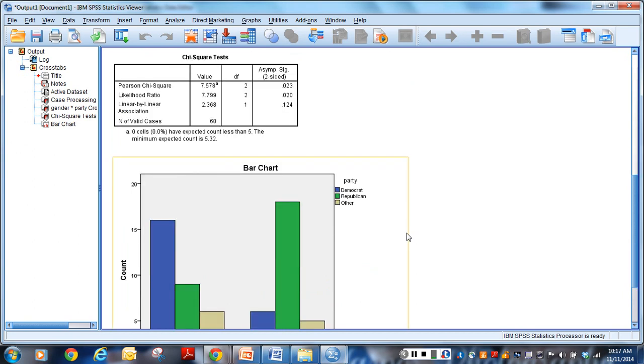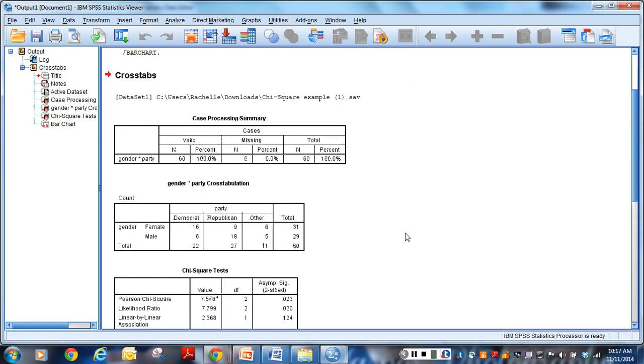So now that we have our SPSS results, let's go ahead and document our findings here. Notice we went through here, but I also want to bring your attention, it also shows us a total. We have our total Democrats, which are 22, total Republicans 27, total other, and this total equals 60.